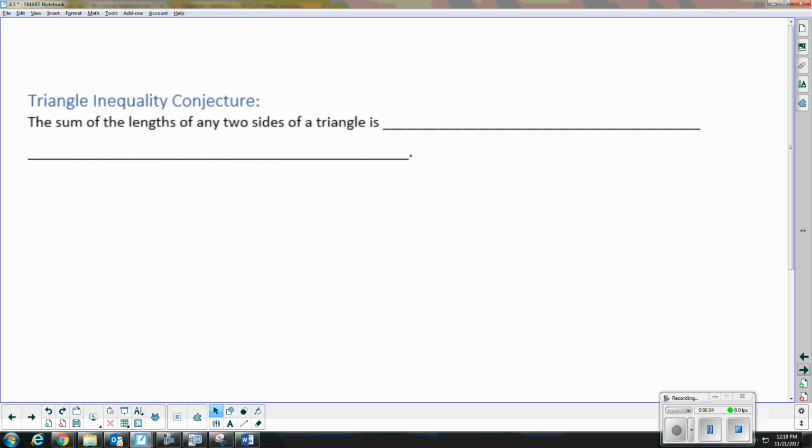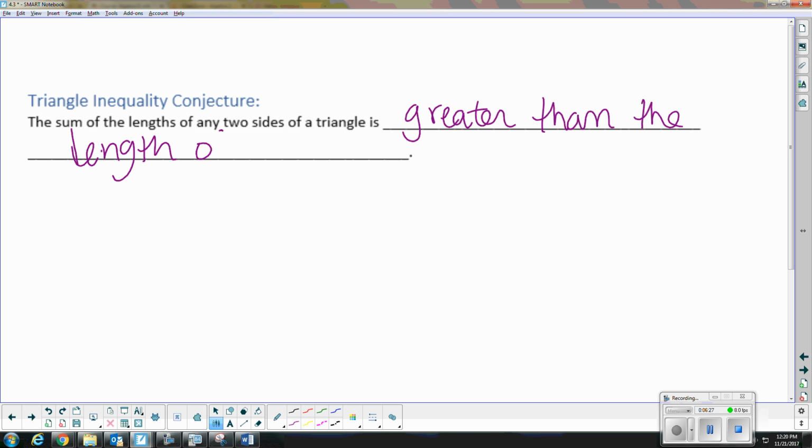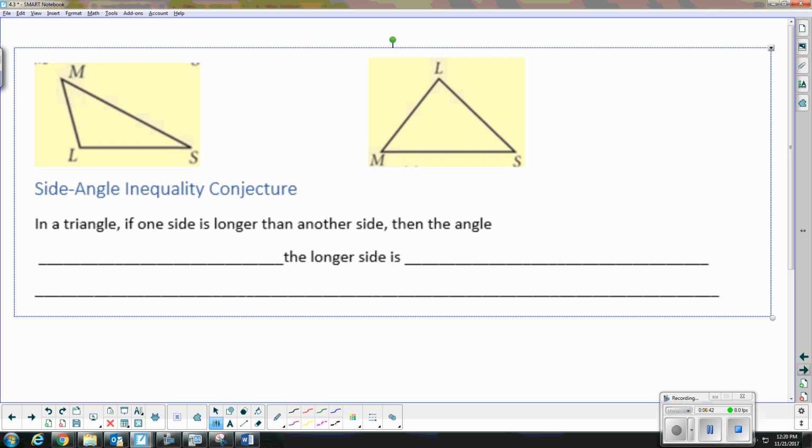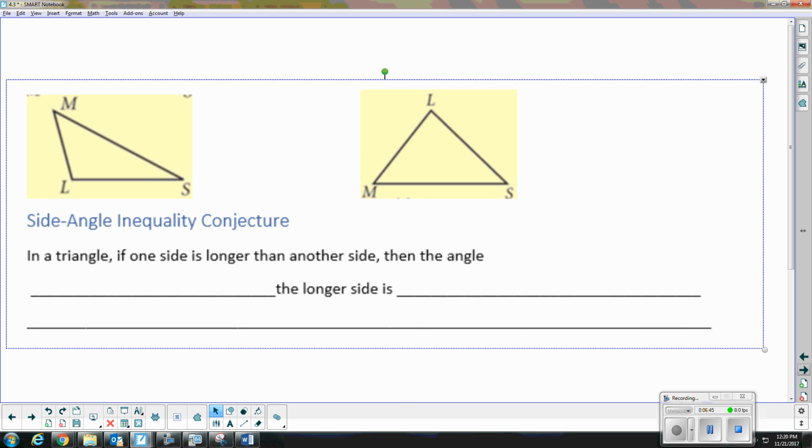And this says that the sum of the lengths of any two sides in a triangle is greater than the length of the third side. And we'll look at applying that in just a second.